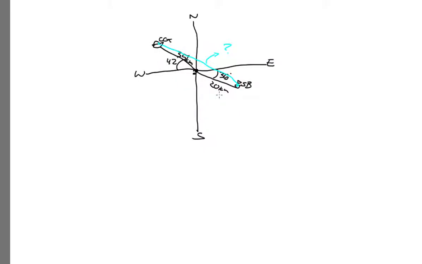When I do that, I'm going to find the distance of that hypotenuse, and also the angle from the north-south axis, from the Coast Guard ship to this sailboat.